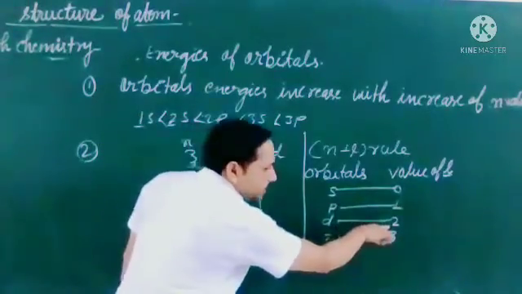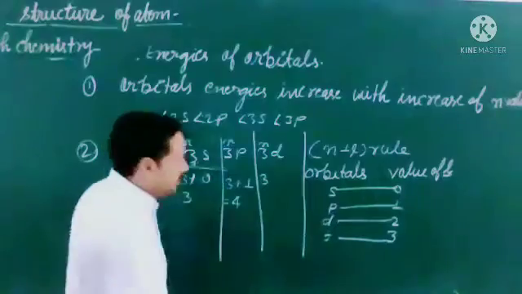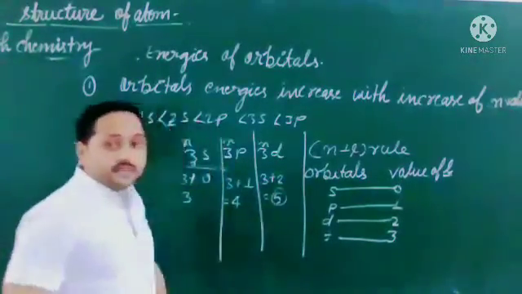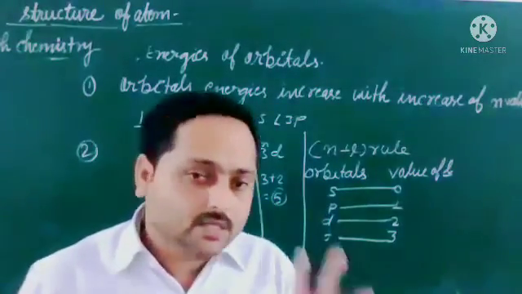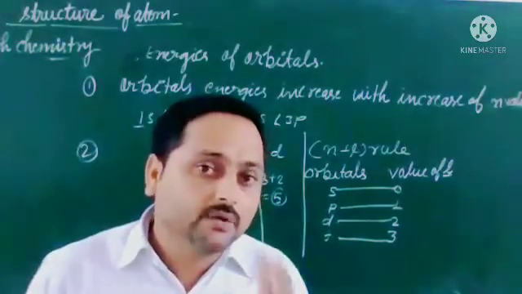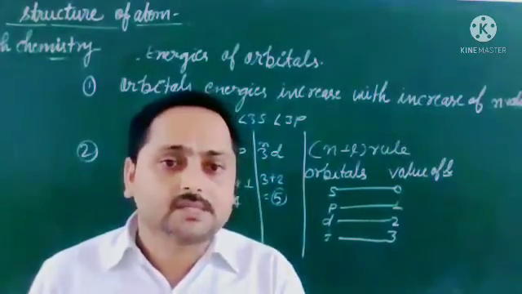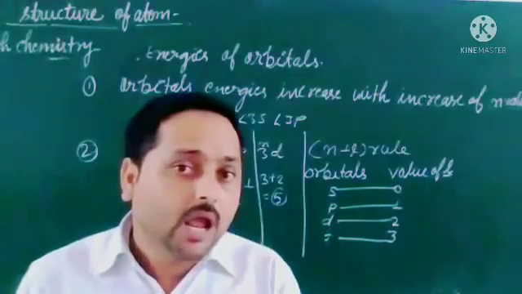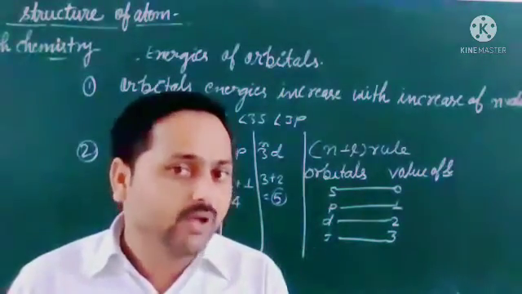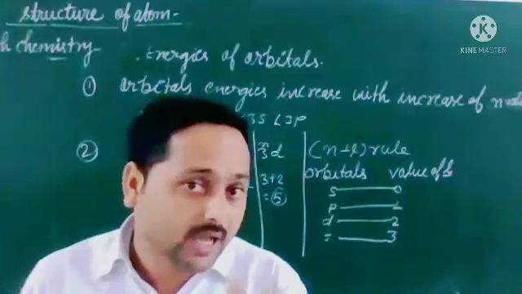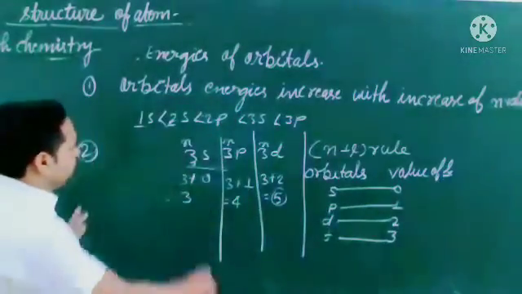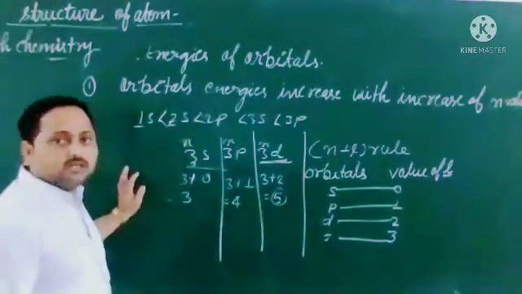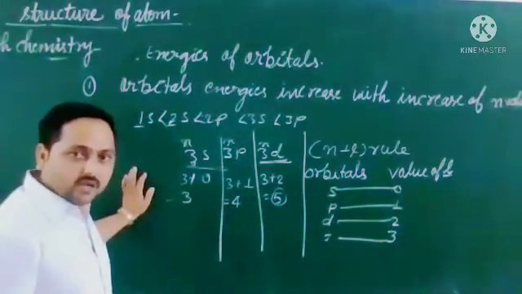What is the sum? 5. In the same shell, we got different values of n plus L, and the orbital with the higher value of n plus L has more energy. So among these, 3d has the highest energy.